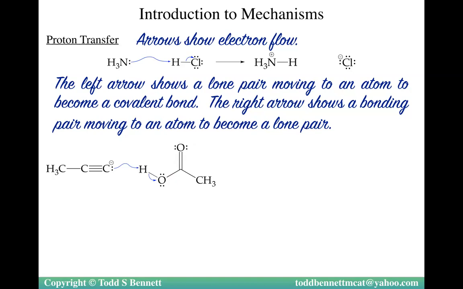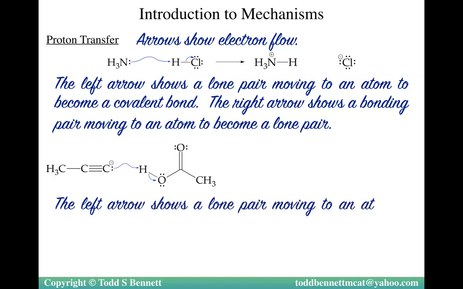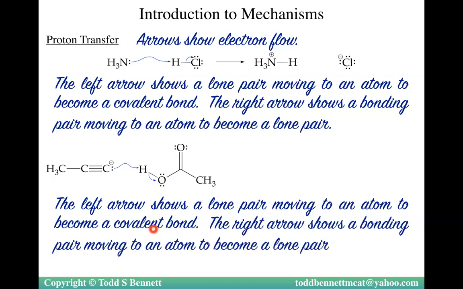I know why I did that, because I was jumping ahead of myself. But the left arrow shows a lone pair moving to an atom to become a bond, right? Sorry. And then the bond breaking to become a lone pair. So notice these are very similar, the two stories and the two outcomes. So far, so good. I think I like this.